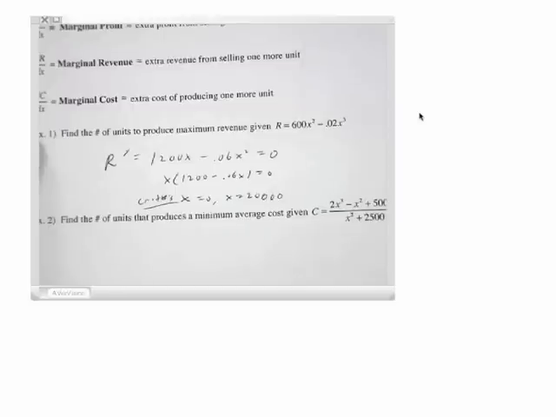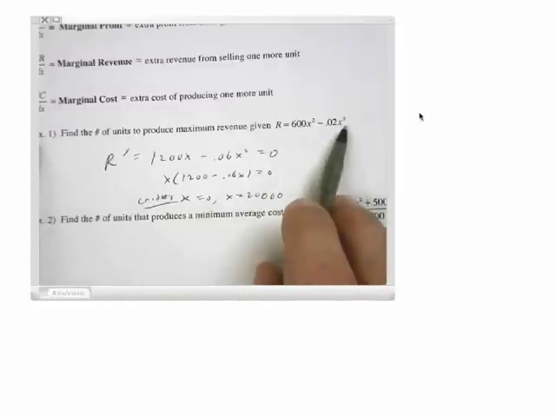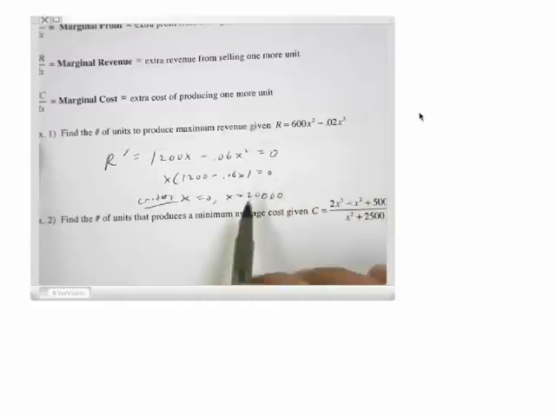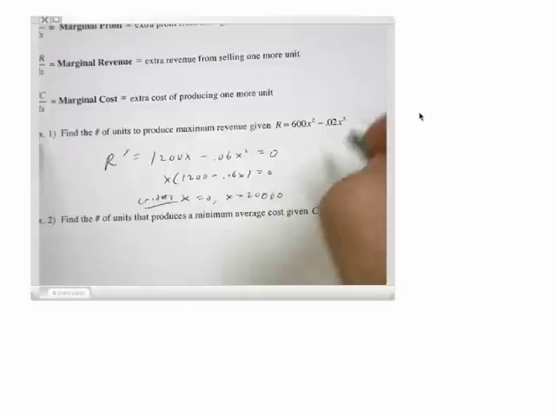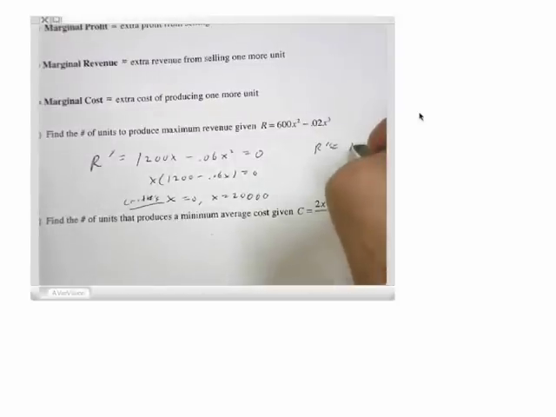Now, obviously, 0 is not going to maximize my revenue. If I plug 0 into that equation, I get a revenue of 0. If I plug 20,000 in, then I'm going to get a maximum revenue there. We could do the first derivative test or the second derivative test. For example, the second derivative for that equation is going to be 1200 minus 0.12x.